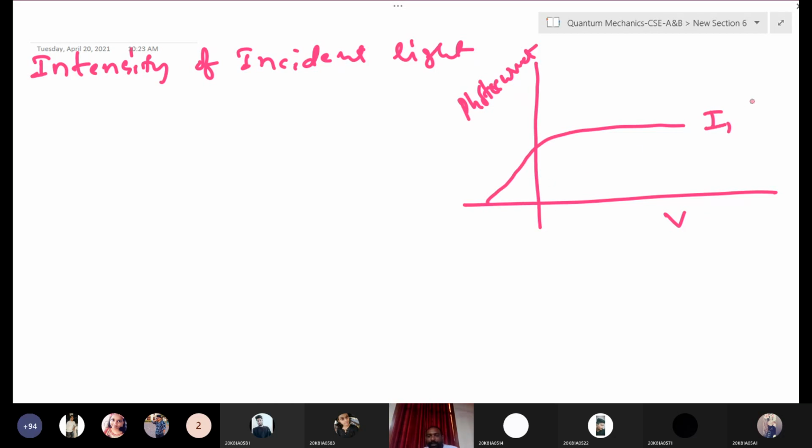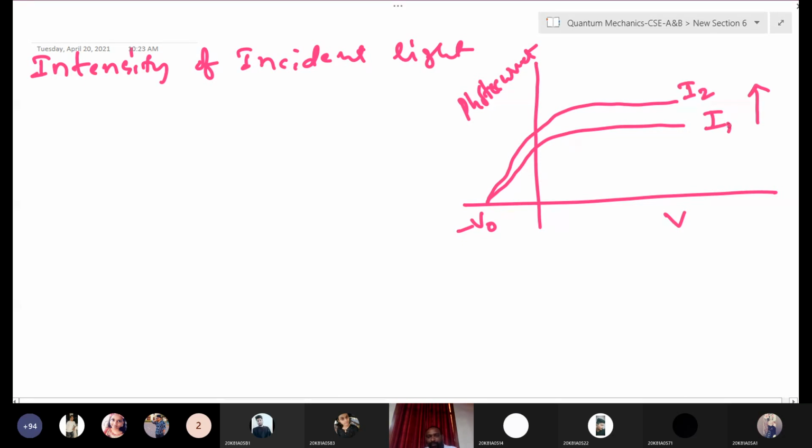After that we increase the intensity, and the saturation current or photo current will increase. But the stopping potential will not change. The stopping potential does not depend on the intensity of light.